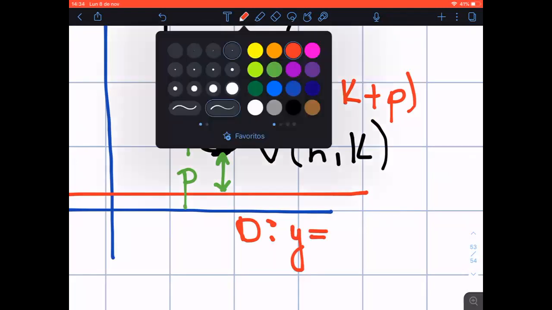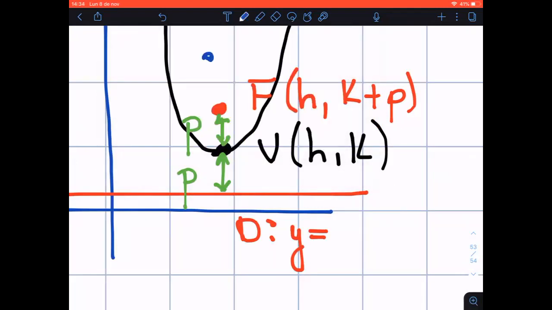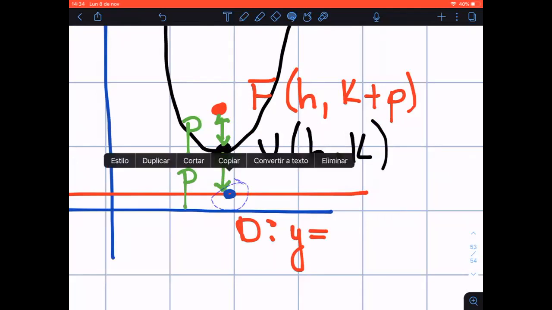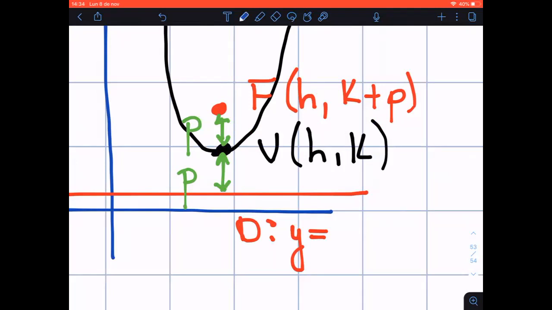Again, if I draw a point that goes from the vertex to the directrix, I will move P units to the bottom. If I move vertically, I will grab my k. And if I move to the bottom, I will subtract P units, k minus p. And those are the coordinates of the focus and the equation of the directrix.